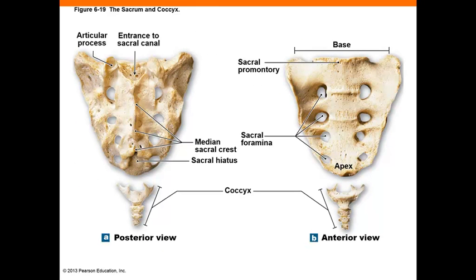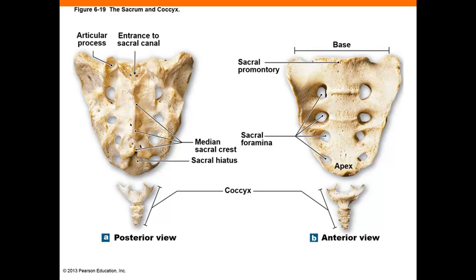Moving inferiorly, we have the sacrum, which again is typically about 5 fused vertebrae and protects the organs of the pelvic cavity. It has lateral articulations with the pelvic girdle. The narrow caudal area is the apex, and the superior surface is the base. The base has the sacral promontory.